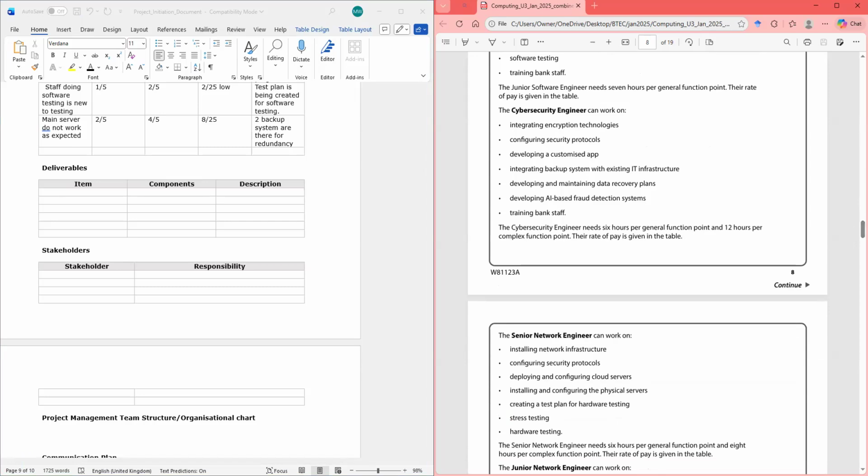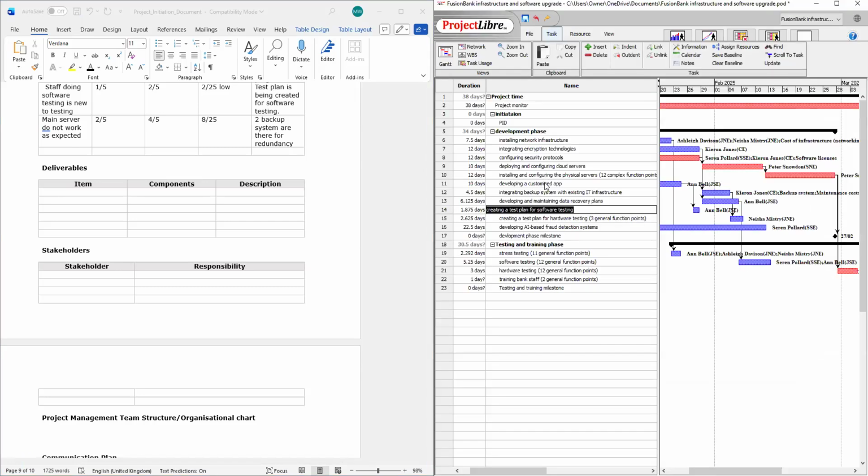Let's go to our Gantt chart. We have to, okay, what about training staff? Training bank staff. Not all bank staff was there for training.